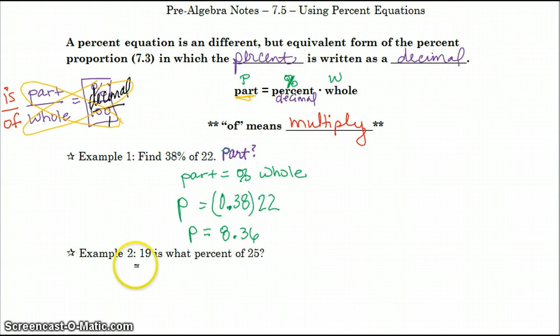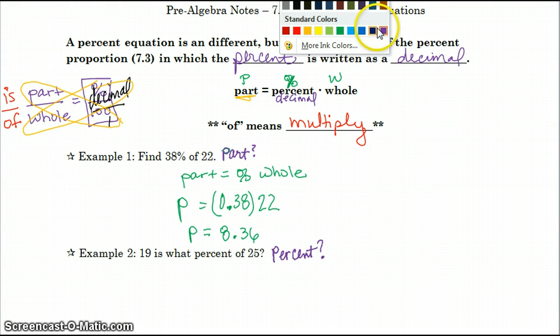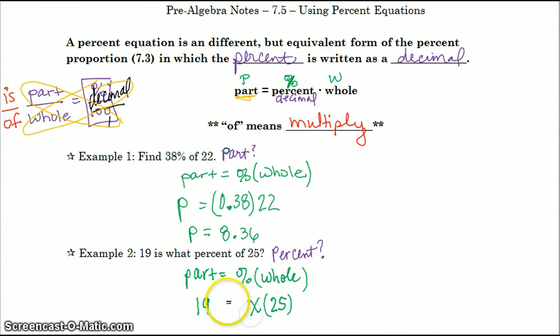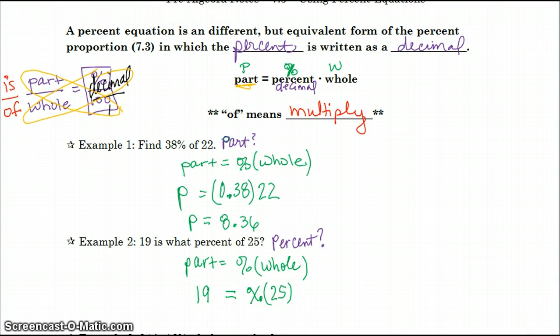Let's read the next example. 19 is what percent of 25? So what are we going to be looking for here? We're going to be looking for percent. Part equals percent times whole. 19 is the part, 25 is the whole, and I'm looking for percent, so I'm going to let X represent the percent.